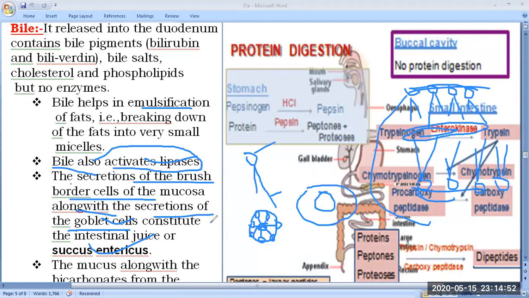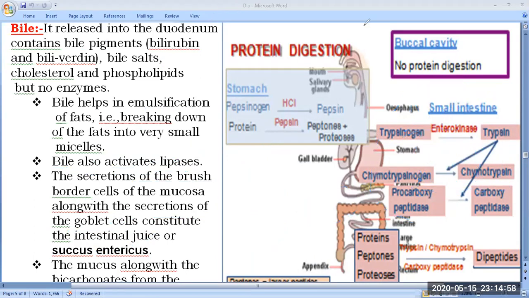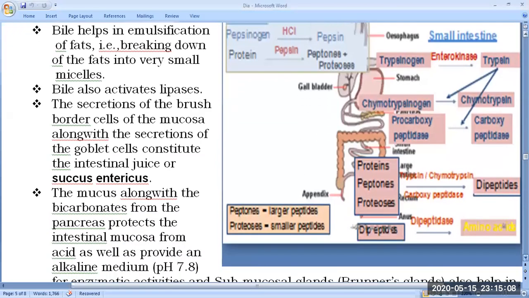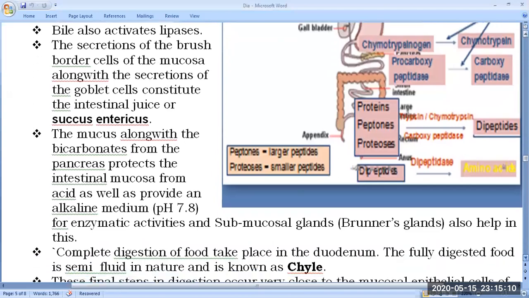Clear? This is generally secreted into the duodenum, and it is secreted by the brush border mucosa as well as the goblet cells. Both secrete one substance which is known as the Succus entericus, or simply you can say intestinal juice.